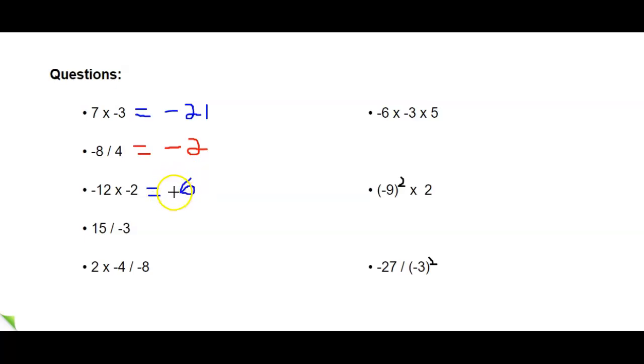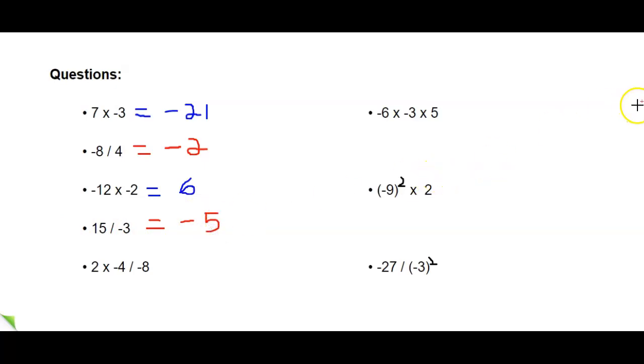We do not put the positive sign in front because an integer without a sign in front of it is understood to be positive. Then the next question says 15 divided by negative 3. Positive divided by negative is negative, so our answer will be negative. 15 divided by 3 is 5, so our answer is negative 5.